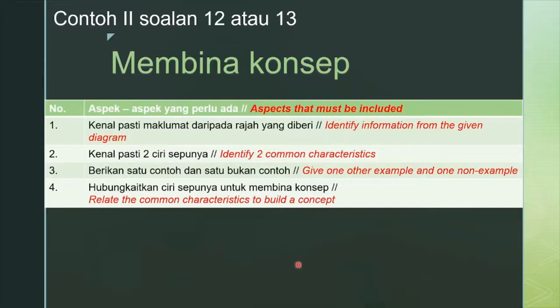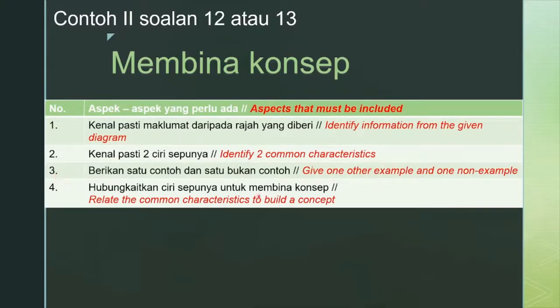Kita kena ingat. Baiklah, aspek yang pertama, kenal pasti maklumat daripada rajah yang diberi. The first aspect, identify the information from the given diagram. Yang kedua, kenal pasti 2 ciri sepunya. The second aspect, identify 2 common characteristics.